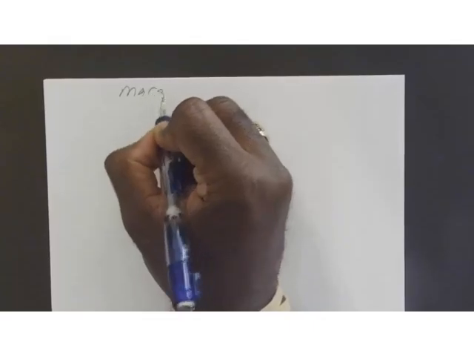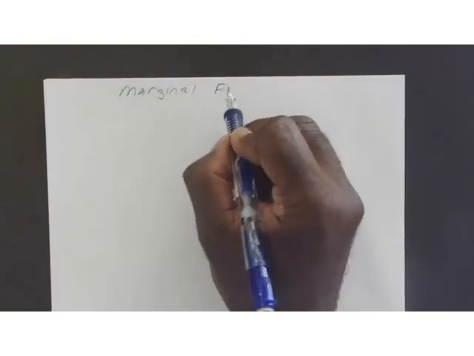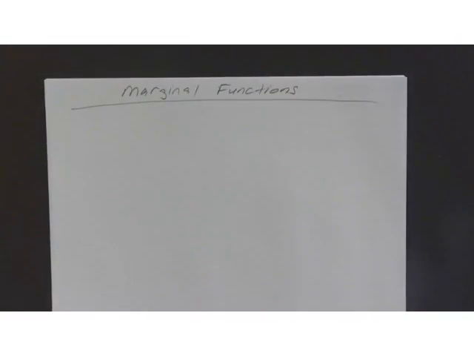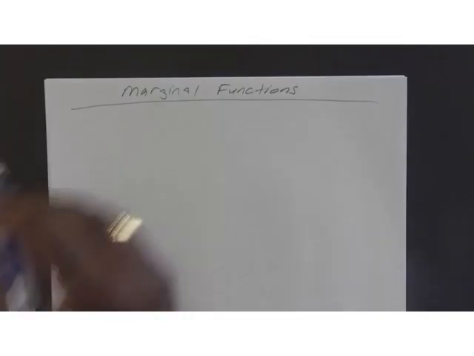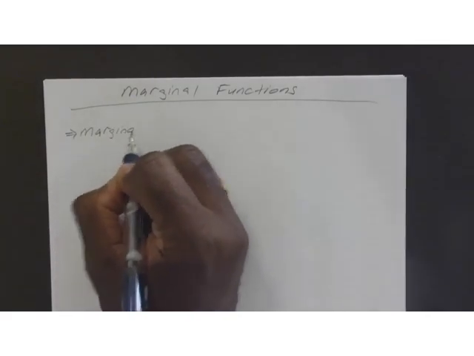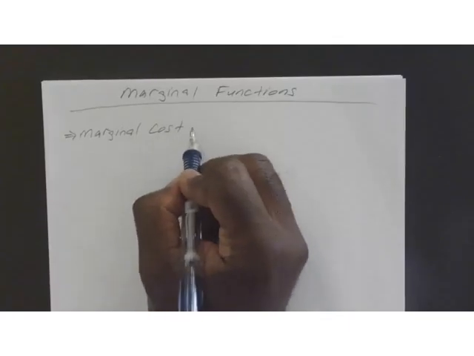So that leads us into what are called marginal functions. Okay, so first be our marginal cost. And that's just the rate of change that it costs to manufacture X number of items. So how much does the price change at any given moment?